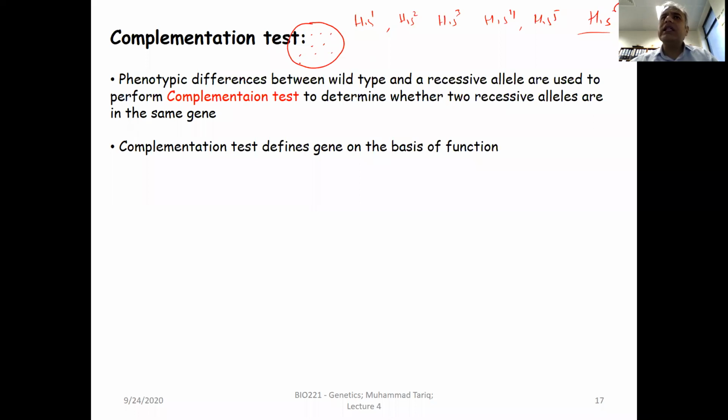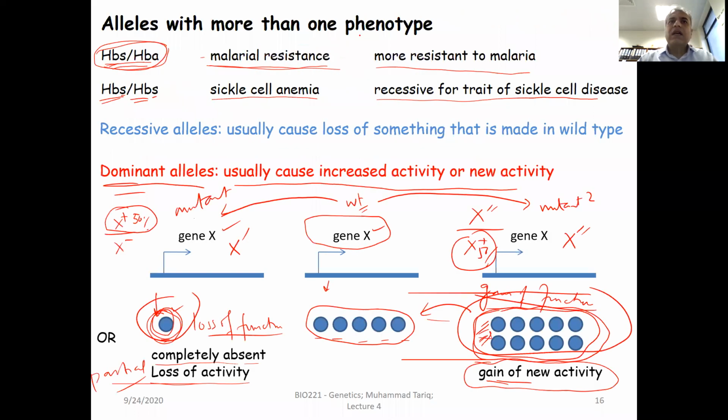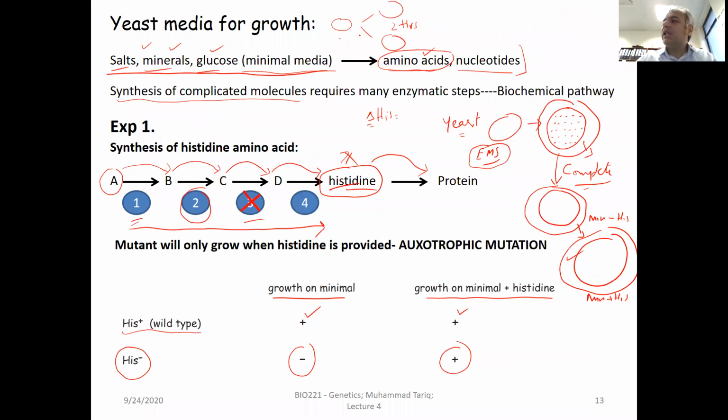Now the question is, hypothetically we said this could be a pathway for histidine, but it could be a much longer pathway. Many more genes could be involved there.